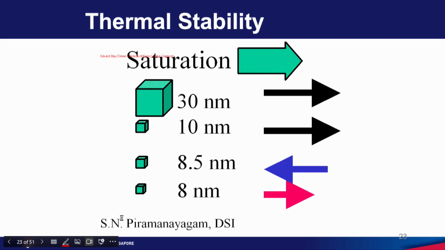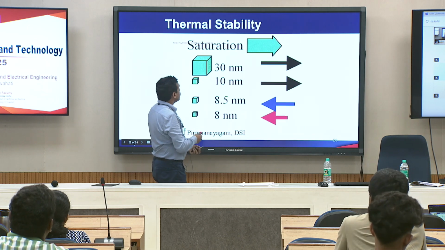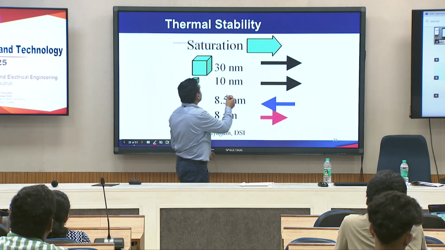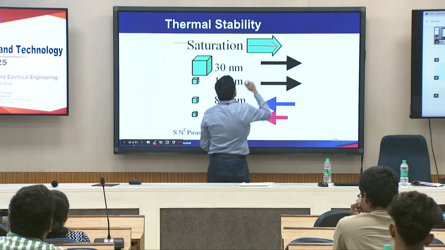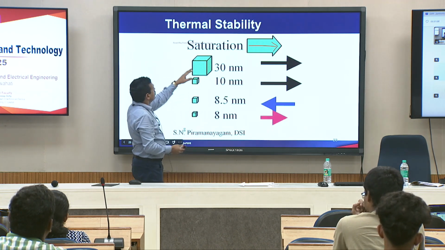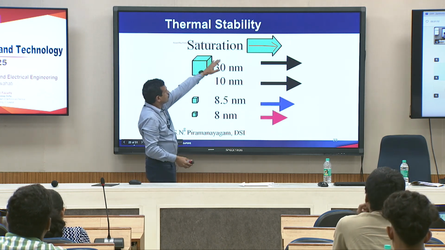That results in a problem called thermal stability of magnetization. This is a cartoon image, not a simulation. I am just using a cartoon illustration of what happens to the magnetization. I apply a magnetic field along this direction and saturate the magnetization of these materials along this direction.